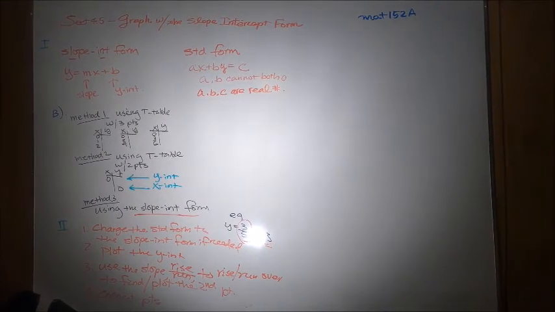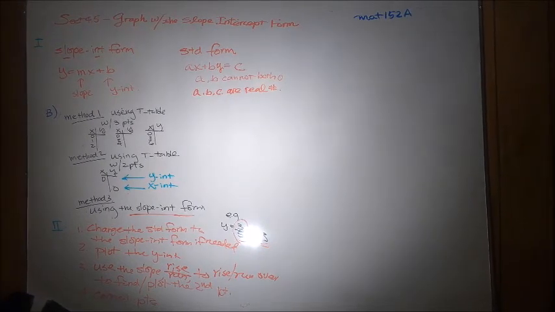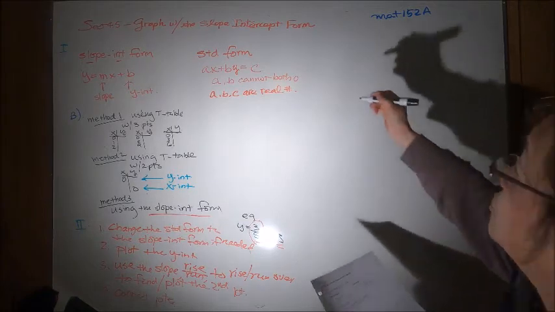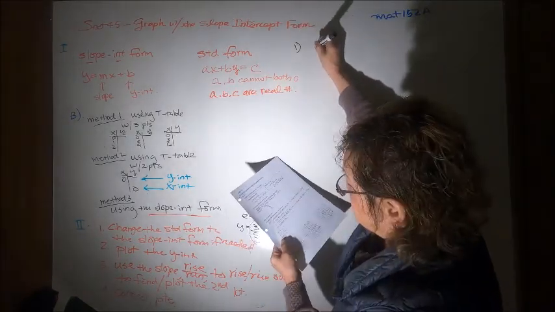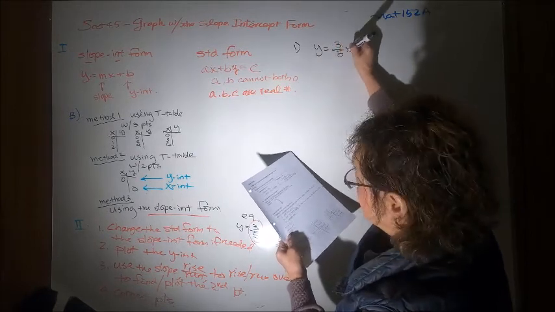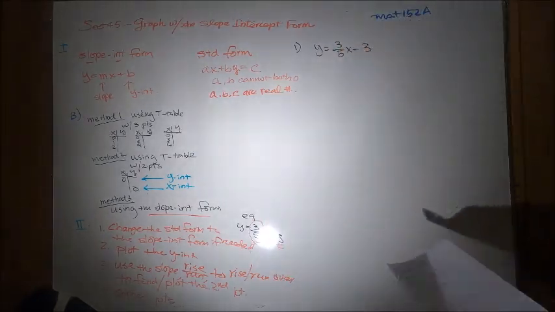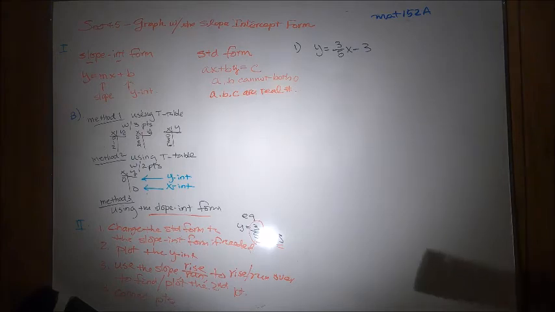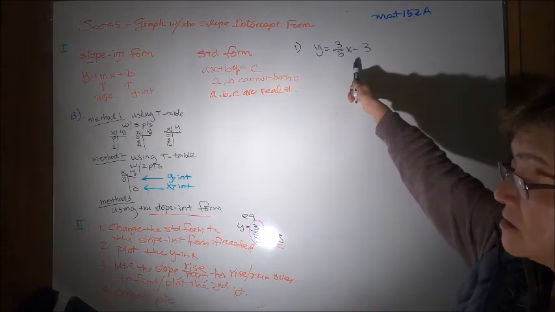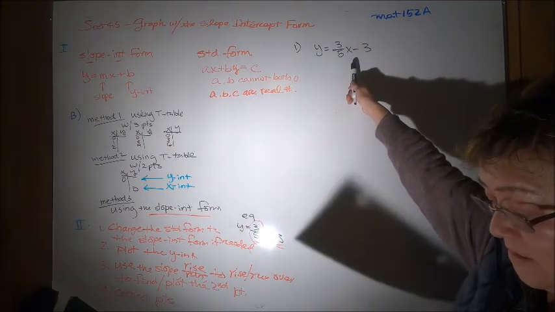So let's look at the first one on page 31. You have y equals 3/5 x minus 3. Do we have a slope-intercept form?